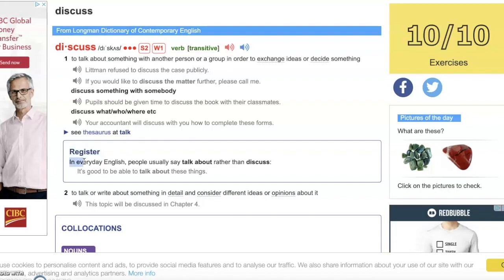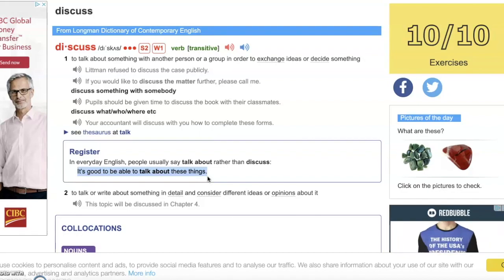As you can see, it says, in everyday English, people usually say talk about rather than discuss. So look at the example. It's good to be able to talk about these things. This is something that you hear people say in everyday English.